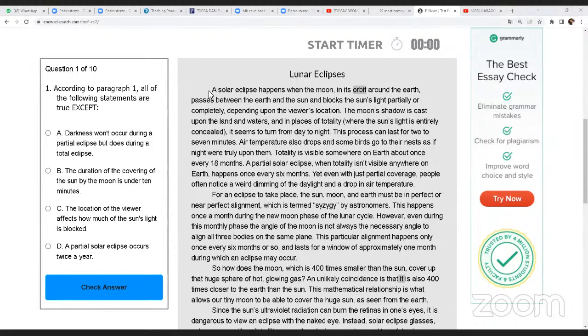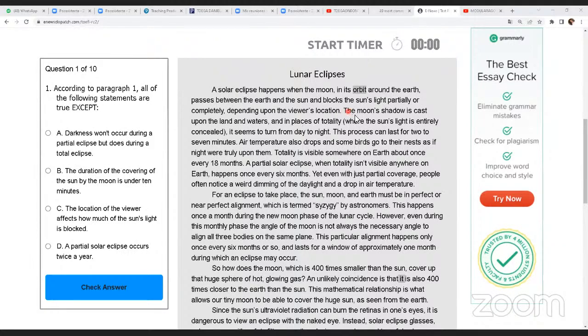Okay, a solar eclipse happens when the moon in its orbit around the Earth passes between the Earth and the Sun and blocks the Sun's light partially or completely, depending upon the viewer's location.